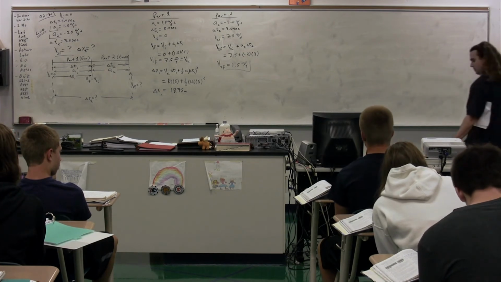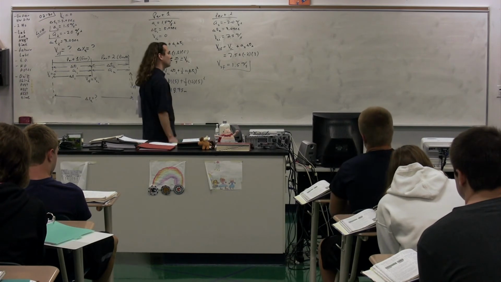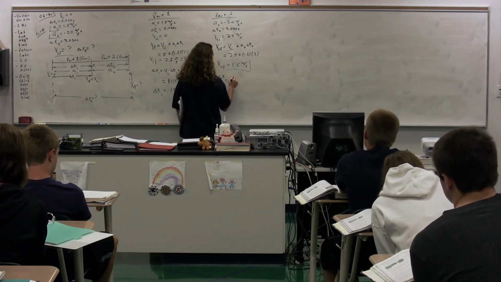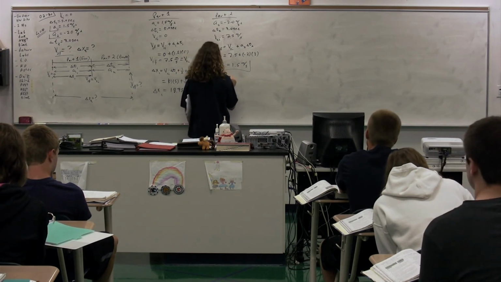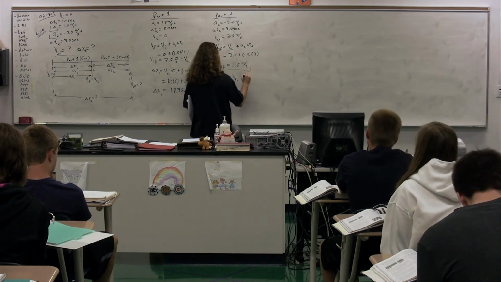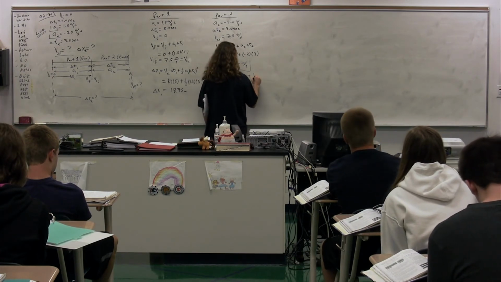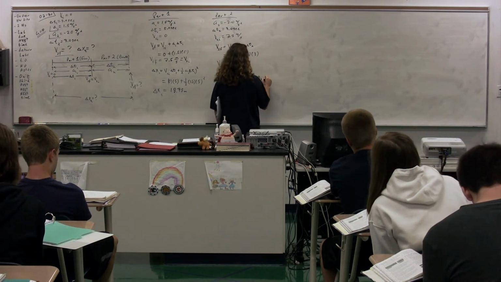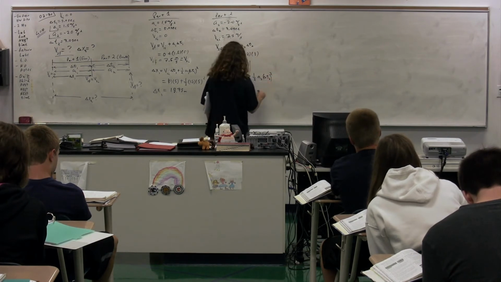You can find the displacement, changing x to delta x for part 2. The displacement for part 2, okay. How? You do velocity 2 initial times delta t2, plus 1/2 acceleration 2, and you multiply that by delta t2 squared. Great.